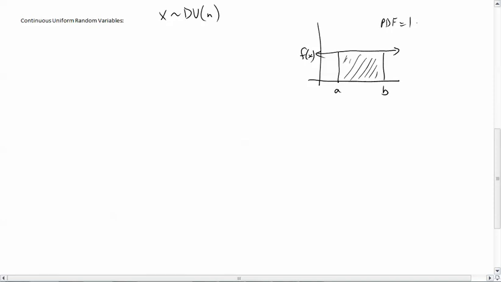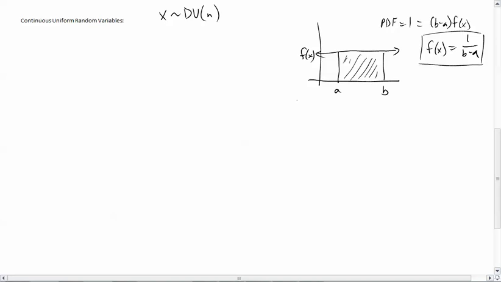So 1 needs to equal the length of my base, which is b minus a, times the height, which is that constant, f of x. And you can see it's fairly easy to then say that f of x equals 1 over b minus a. So we now have a formula for the constant for a continuous uniform random variable.